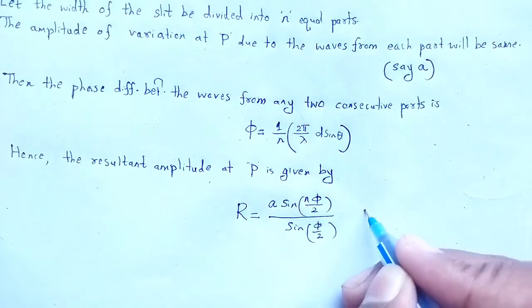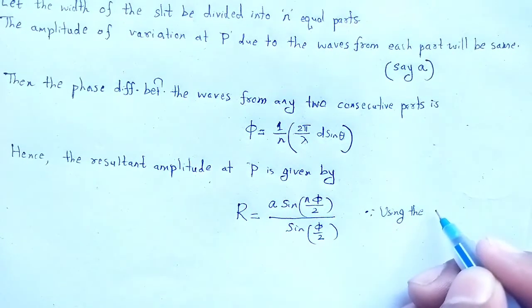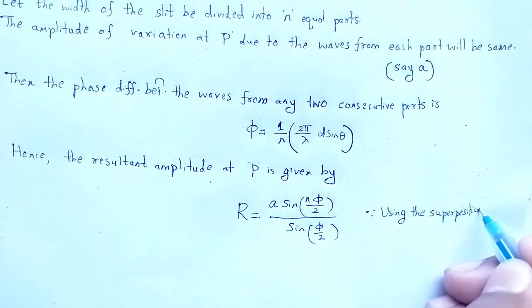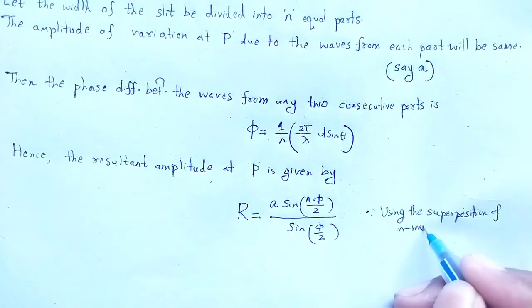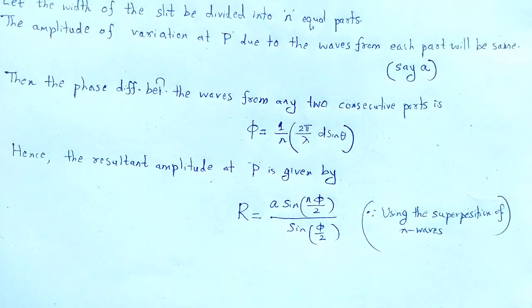Here we use the superposition of n waves concept, or one can use vector calculus also. If n number of vectors act simultaneously at a point with successive angle, then the resultant can be evaluated using that formula.